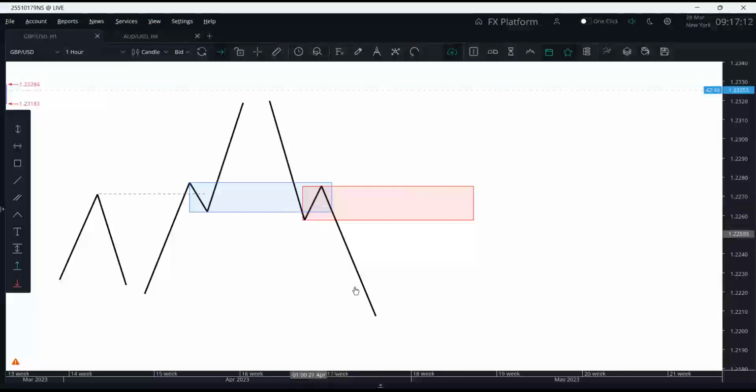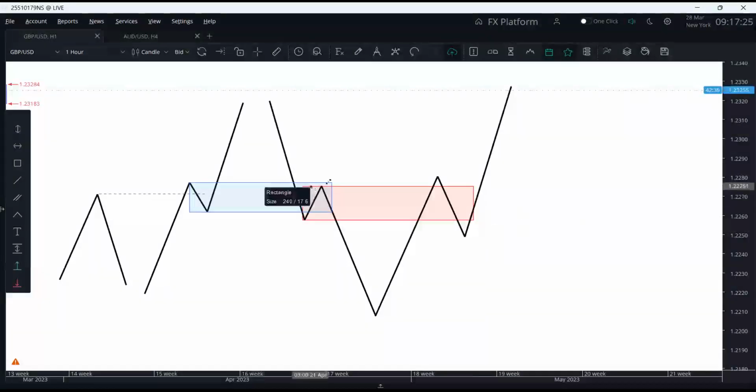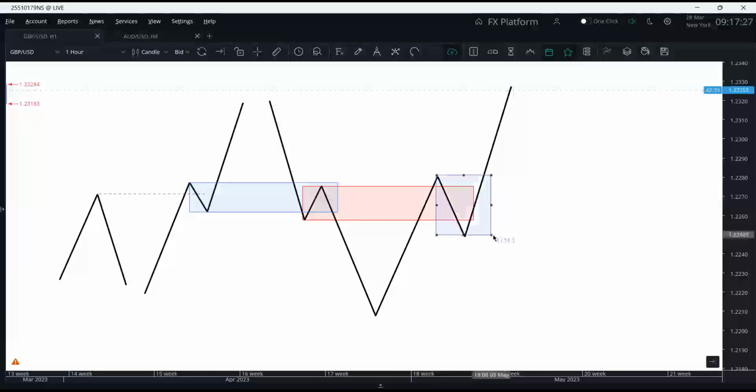And this is a new FTR, and we highlight from the engulf up to the deepest retrace. And the next FTR is here.